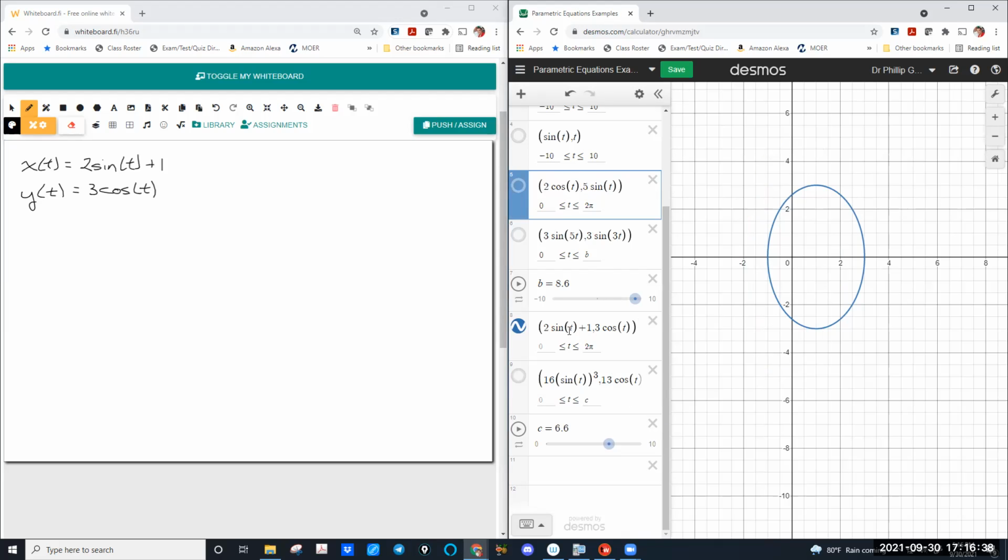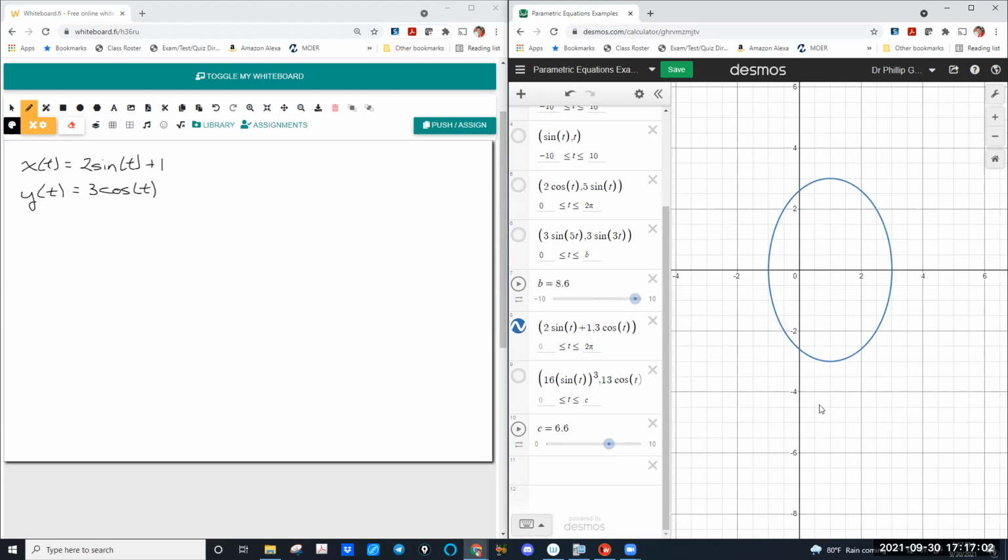So ellipses are very easy to create in parametric. Circles are very easy to create. Hyperbolas, all the conics we looked at can be parametrized. It's not going to be a major focus of what we're doing here, but I just want you guys to realize that. So let's talk about our ellipse here.